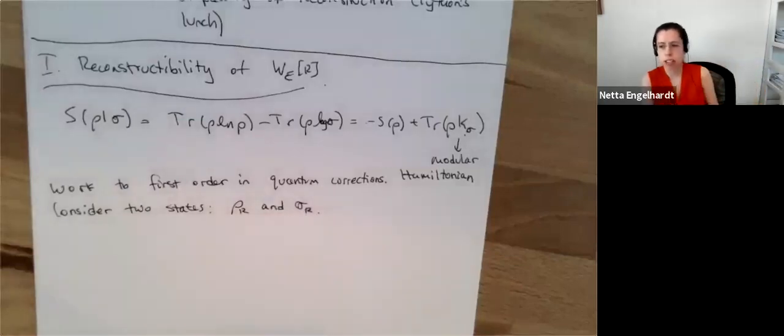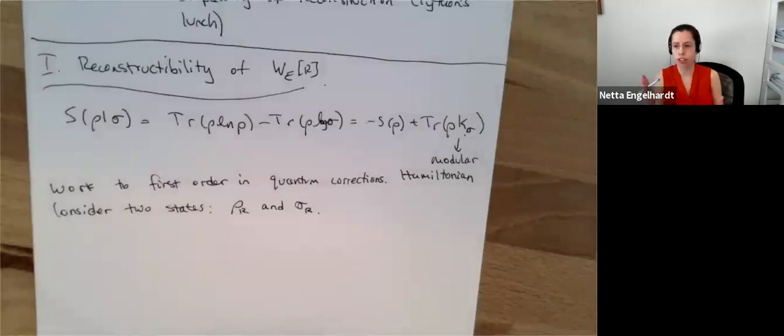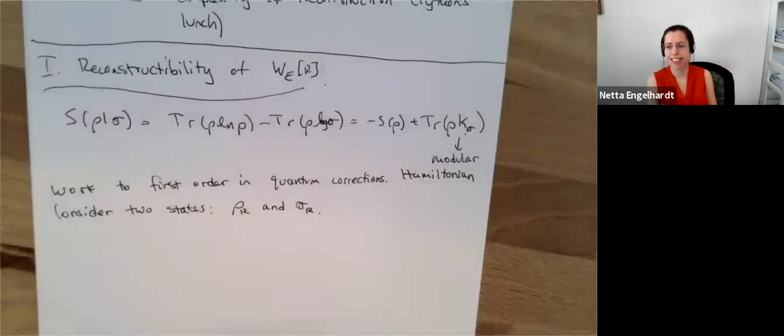Now, as you've all already seen in Michael's course, when we do bulk reconstruction, we have to be working within some code subspace. So I'm going to heavily rely on Michael's course and Patrick's course for this lecture. So I hope you were there.